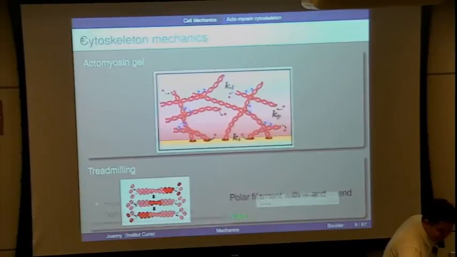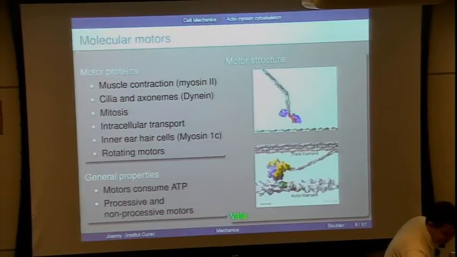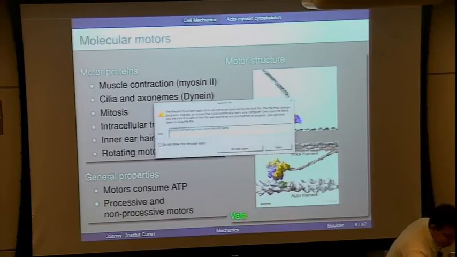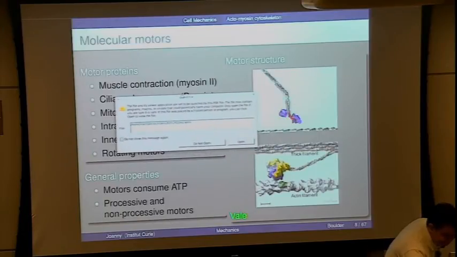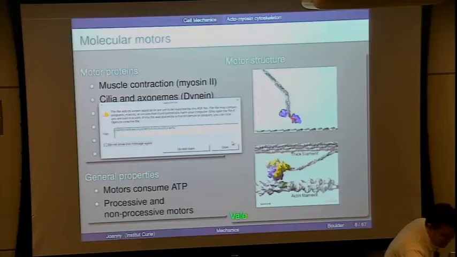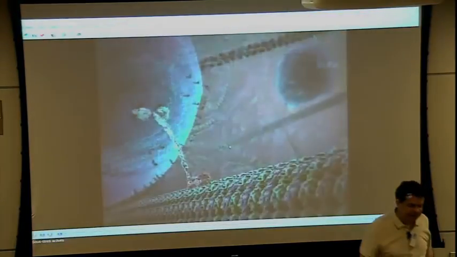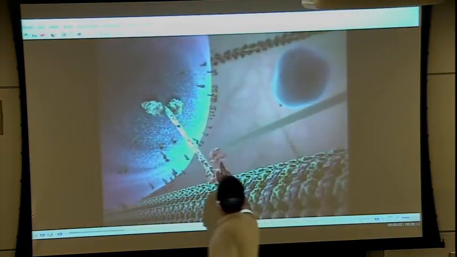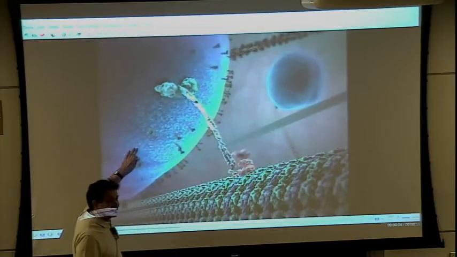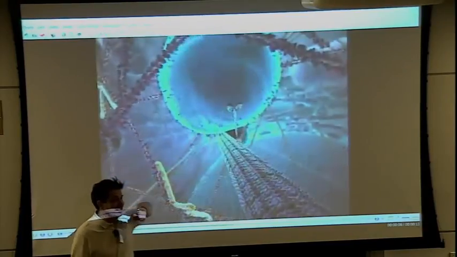So this is the molecular motor, which is walking, and it's carrying biological material inside the cell.